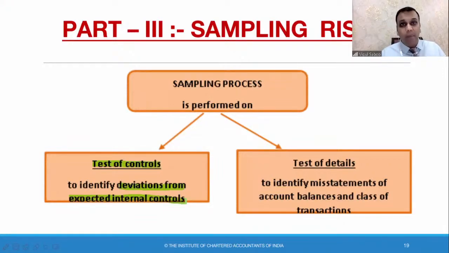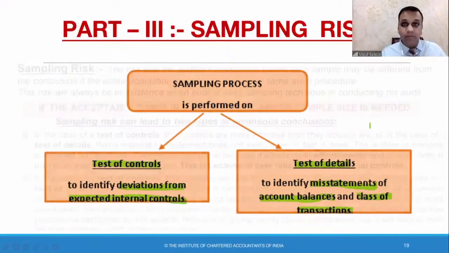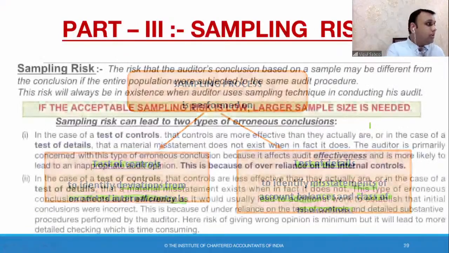And we also apply sampling on test of details. This is at the financial statements level to identify misstatements of account balances, which we get from the balance sheet, and class of transactions, which we find in the profit and loss. So we apply the sampling process on controls and to test the details. So what is sampling risk?